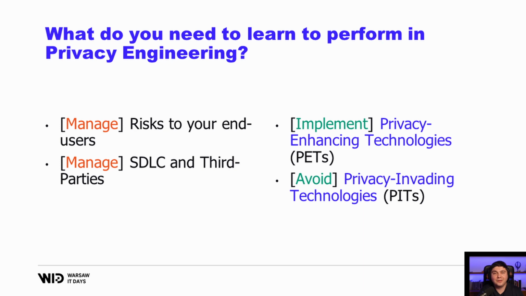However, you have to be very careful when choosing various technologies to avoid privacy invading technologies. I will speak about both of these a bit later in the presentation. Knowing and managing all of the above which I've explained will make your life so much easier to perform well as a privacy engineer.